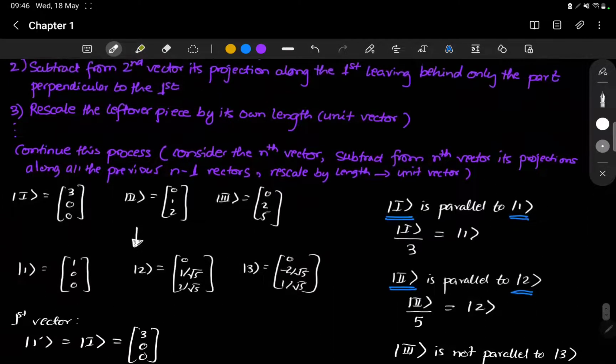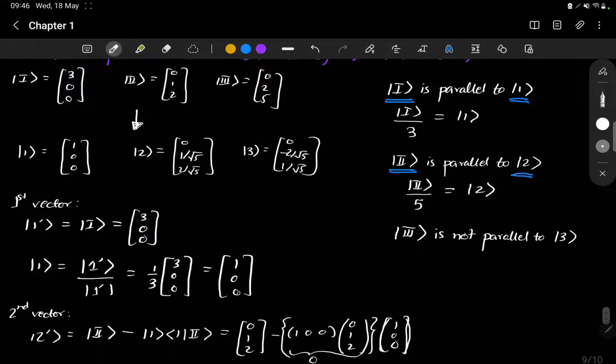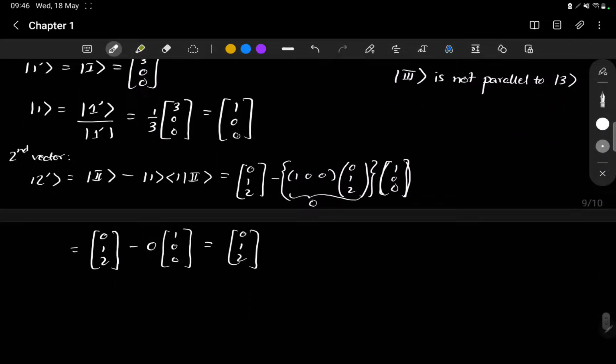And then the third step says rescale this leftover piece by its own length. So we obtain the second vector just by rescaling it. The length of the second vector is nothing but the square root of 0 squared plus 1 squared plus 2 squared.